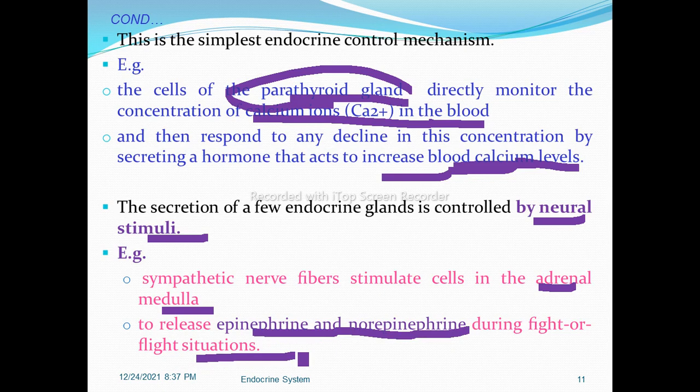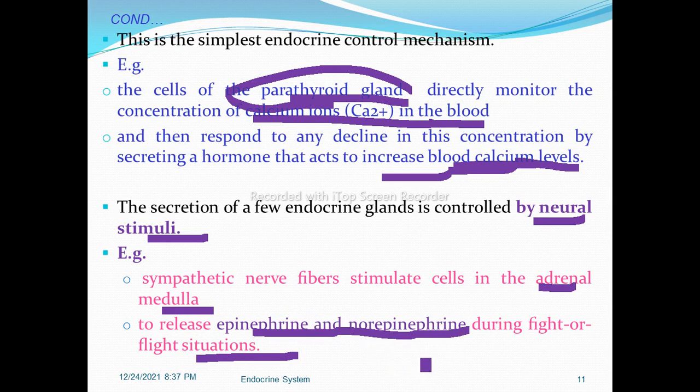By neural stimuli we mean that sympathetic fibers stimulate cells in the adrenal medulla. In this case there are catecholamines, epinephrine and norepinephrine.